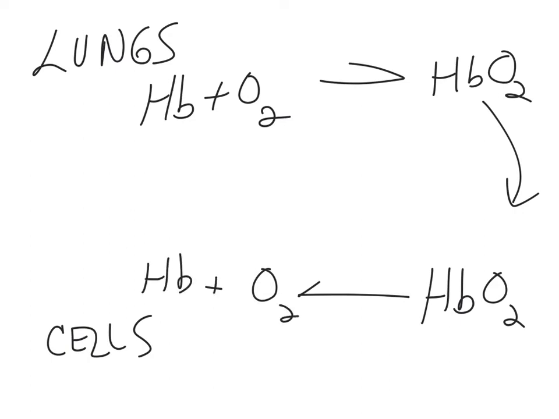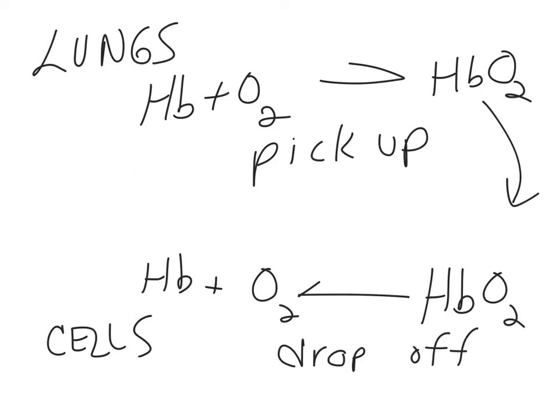So you can see here at the lungs it is picking up the oxygen, and at the cells it is dropping off. So pulmonary respiration, okay, we're going to have the hemoglobin picking up, and systemic, we will have it dropping off.